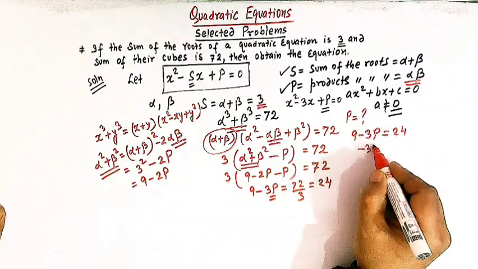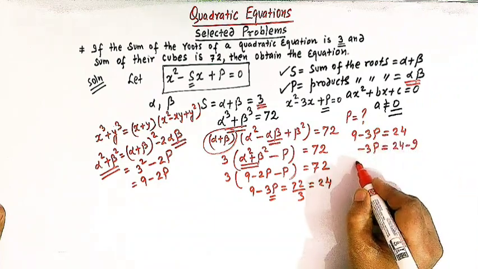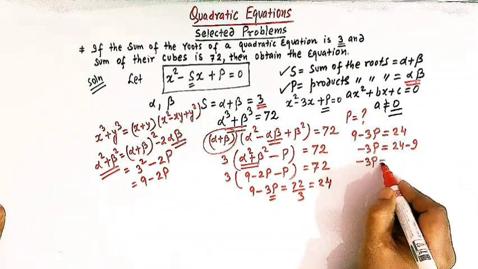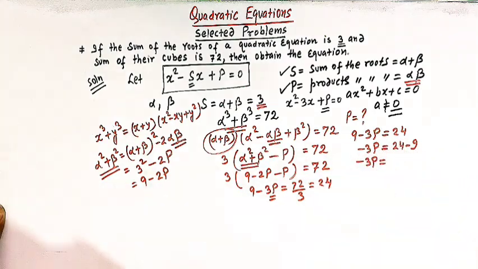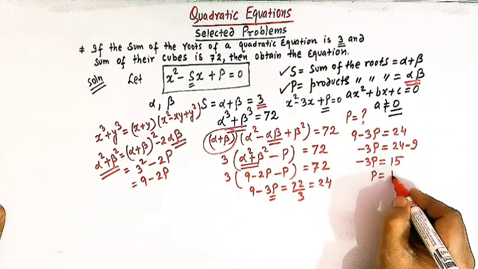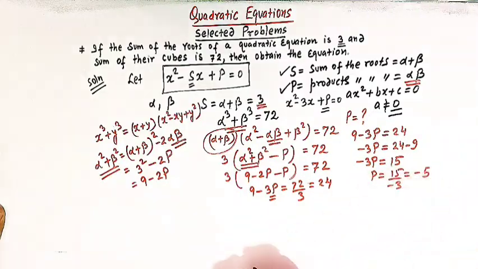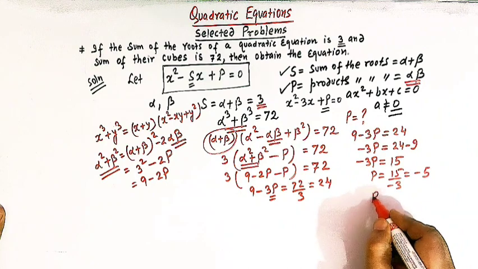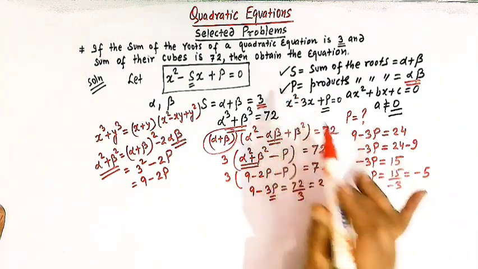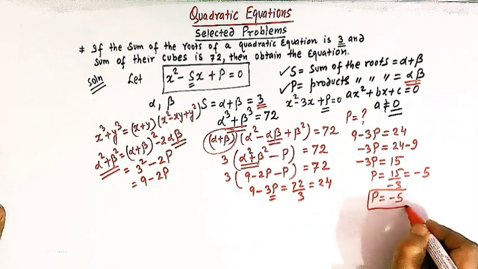So -3p = 24 - 9, and 24 - 9 is 15. So p is given by 15 over -3, that is -5, right? So now the value of the product of the roots, that is p, is -5.